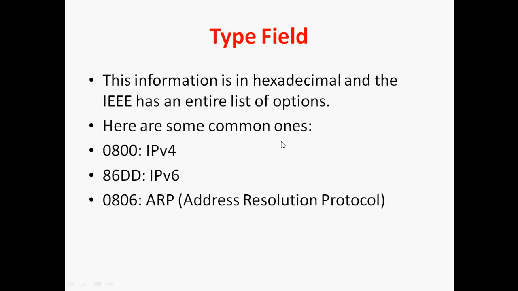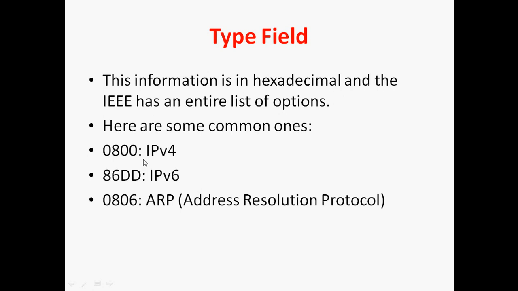This information is in hexadecimal and the IEEE has an entire list of options. In the description section below the video, I pasted the link. Just click that link and you can see the type fields, the entire list of options from the IEEE standard. These are the common ones.